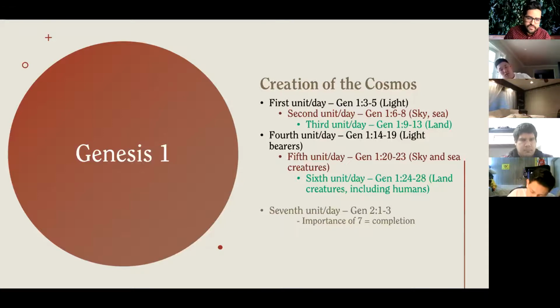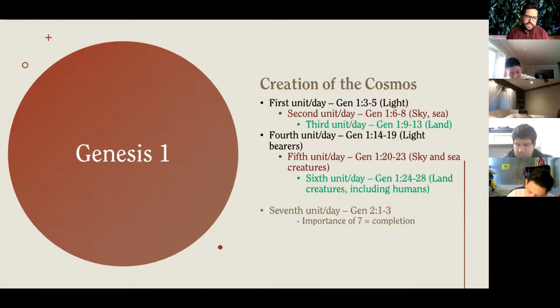And you will notice that the humans in Genesis 1 are here amongst the land creatures. And you also notice that the seventh day isn't like the rest. There's a couple of things going on. One of them is the importance of seven in terms of communicating completion, finality.